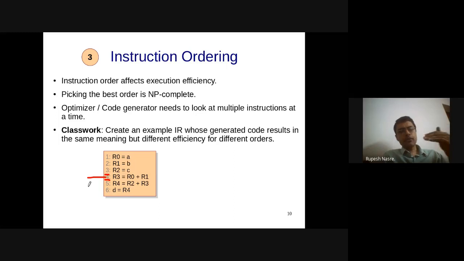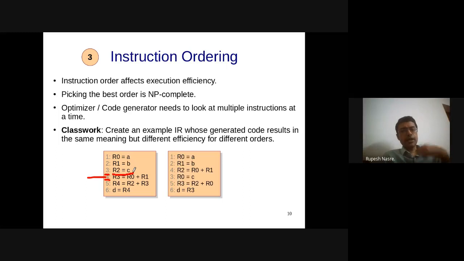If R0 and R1 are unused, I don't need a fourth register to store the value of C. I can reuse one of these registers R0 or R1. And that gives me a different register allocation, which uses one fewer registers than the total number of registers that are used inside the first code. So just by reordering the instructions, I am able to reduce the number of registers, right?